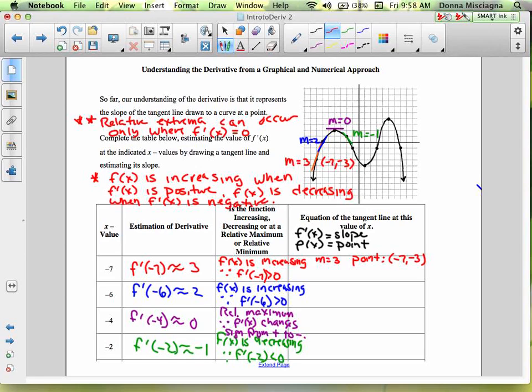We're going to leave these in point slope form because there's just not a lot of space. So y plus 3 equals 3 times x plus 7. That's fine. We'll leave it in point slope form.